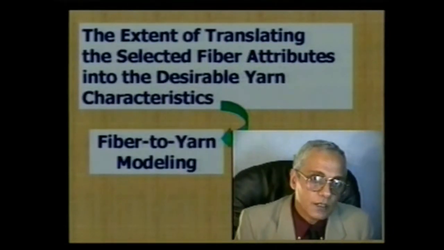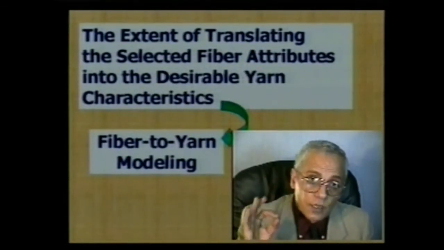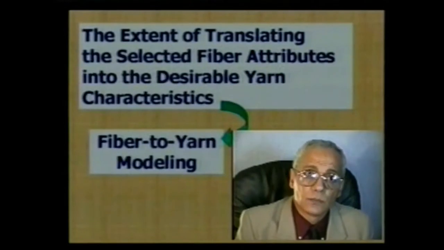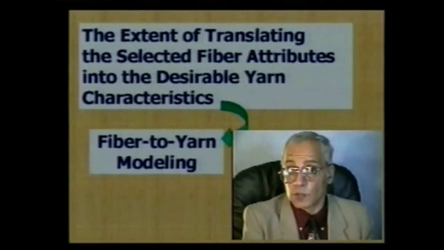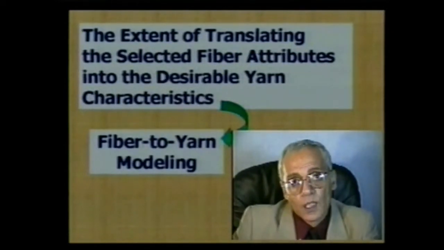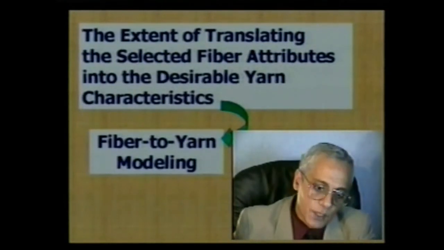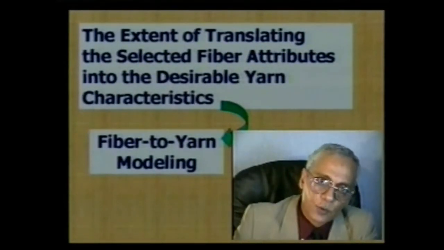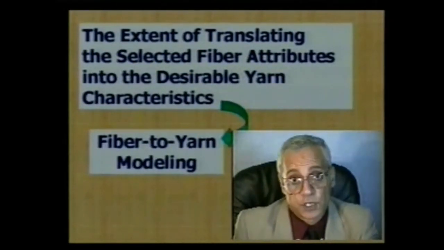Because believe me, most of us know that just 1 point difference can result in a major saving in the price of raw material, even by the market standards. So being specific is extremely important. And the only way to achieve that is through fiber-to-yarn modeling or fiber-to-yarn relationships.